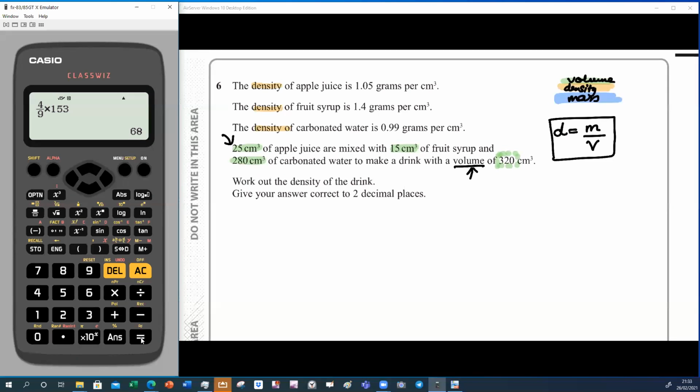Now, it says here, work out the density of the drink. So they've got 3 drinks. They mixed it together to make a master drink, and now they want you to work out the density of the new drink. Now, you remember in the previous question, we had 2 or 3 parts of a journey from London to Manchester, and we did the question like this.